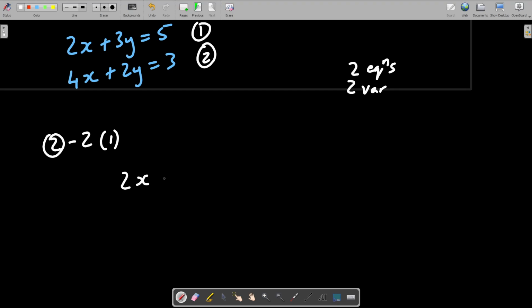You will have your first equation as it is standing there. Second equation will become 2 times subtracted, so this one has become 0. 2y minus 6y will leave you with minus 4y over here. This was going to be 3 minus 10, so this is going to leave you with minus 7.